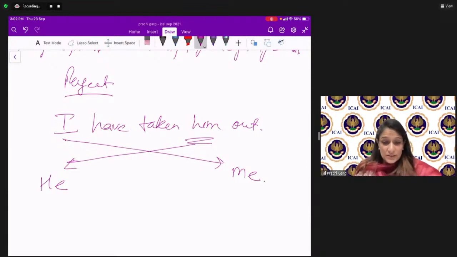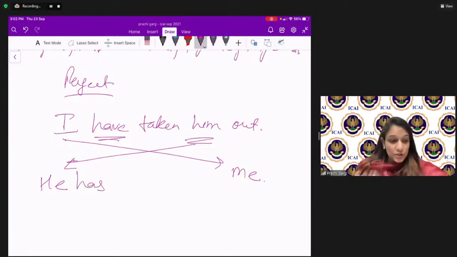Again, this table on how the pronouns change is given to you on page number 2.21. So him will become he, and I will become me, right? Now it is have taken. As per the rule, I used have with I, so with he I will use has.